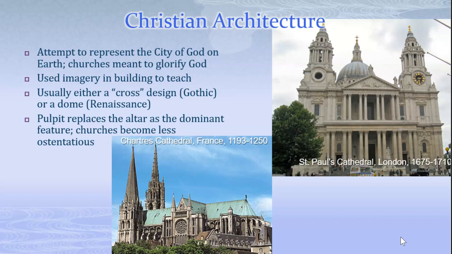Instead of having a single raised platform with the Torah, a lot of times you'll have a pulpit. You'll have an altar, which is similar to what you see in a Jewish temple. In some cases, you'll have a pulpit as well, and that becomes the dominant feature because it's less about the altar and more about the person who is giving the service. And that's not true in all churches, and it depends on the denomination.